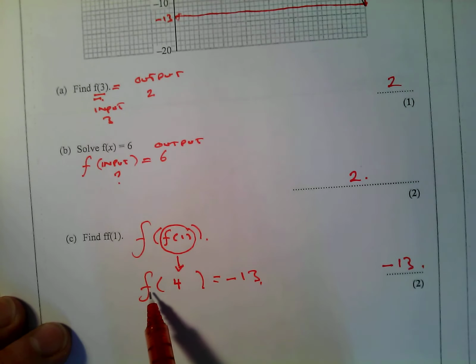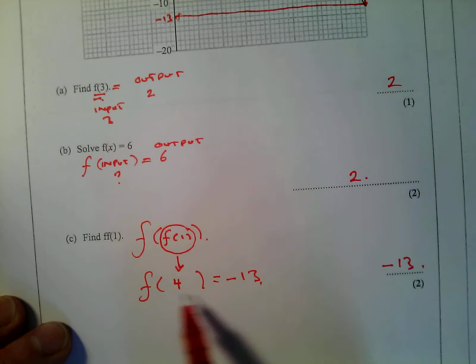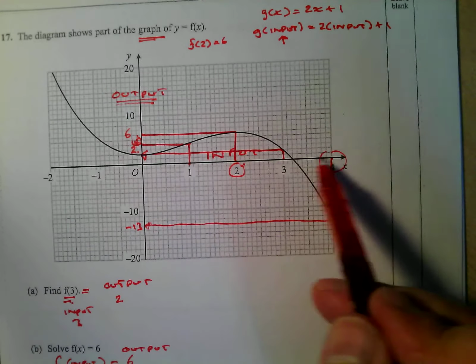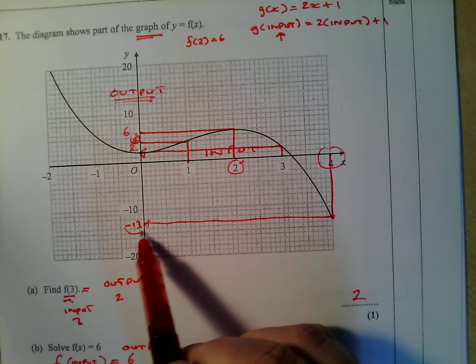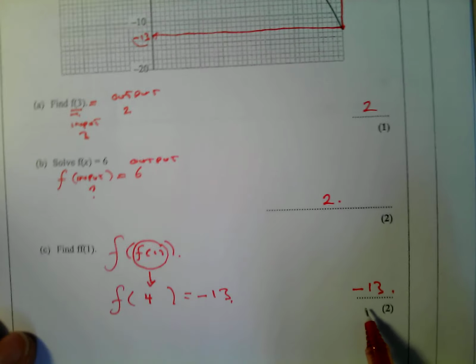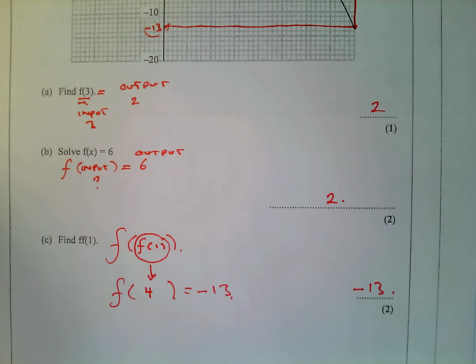So I go over to 4, which is here as an input, and I go down here and read across. Be careful: you should use a ruler, but just for the sake of speed I'm using freehand, and I make that minus 13. So my answer is minus 13.